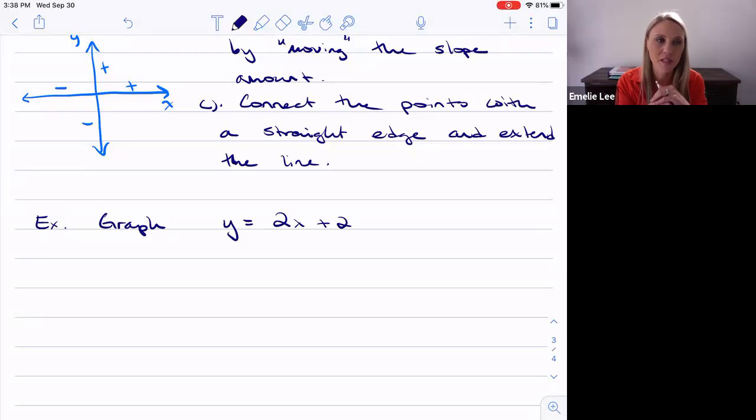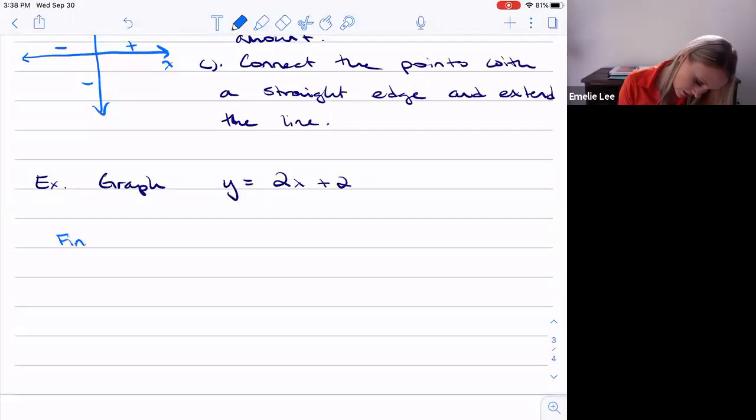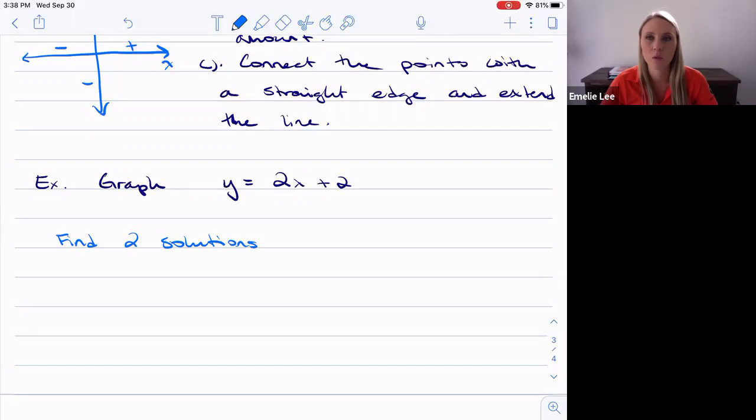So you can use this equation for the line to find solutions and then plot those solutions. And so what we're going to do here is find 2 solutions. Might be nice to have more than 2, but you only need 2 points.